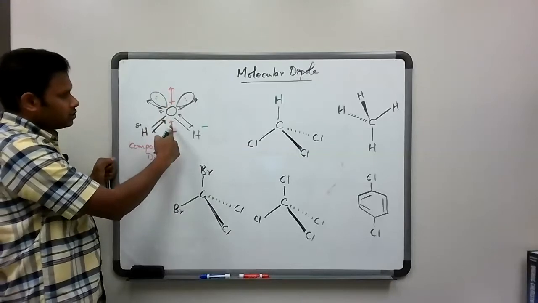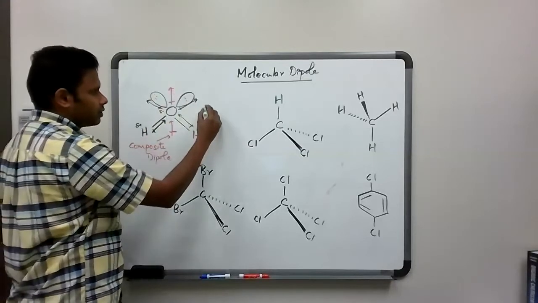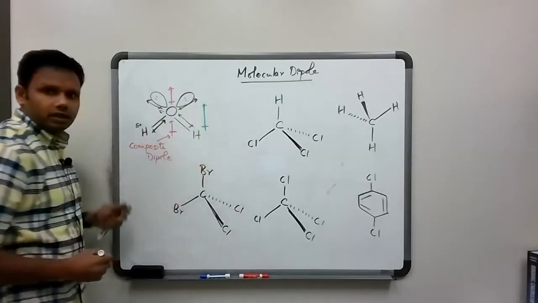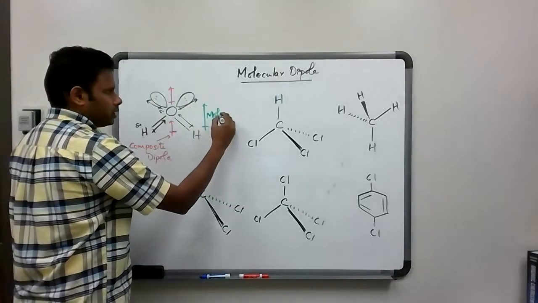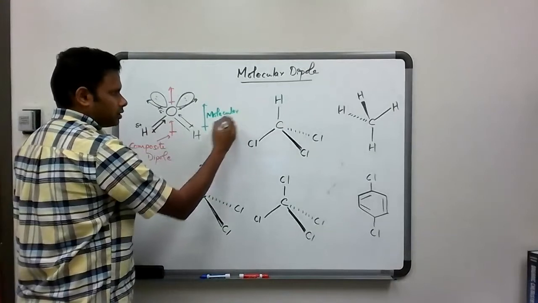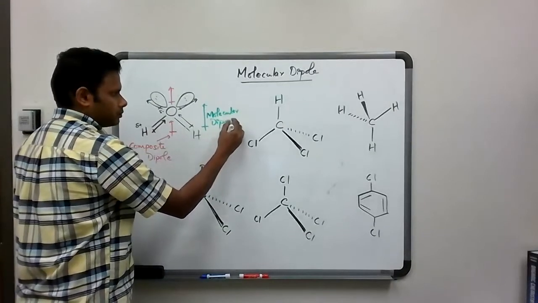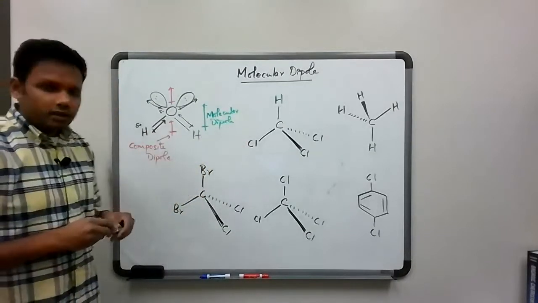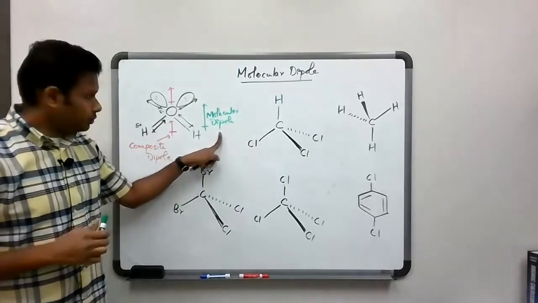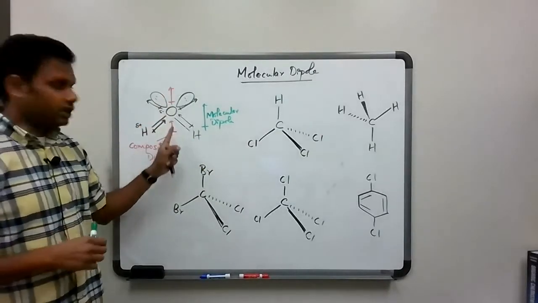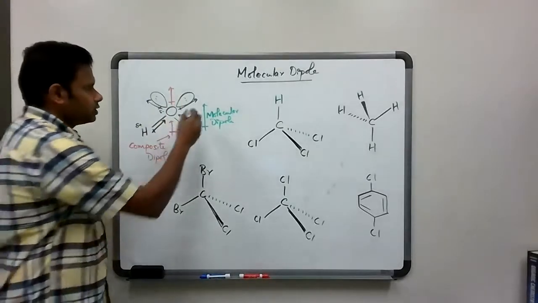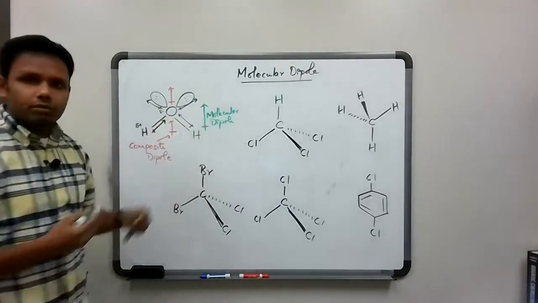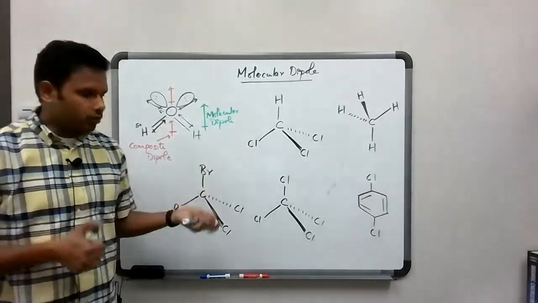And since these two are pointing in the same direction, the overall molecular dipole is also going to point in the same direction. This molecular dipole has contributions from the two composite dipoles. They basically add up in some sense to give you this molecular dipole. So that would be the molecular dipole for the water molecule.